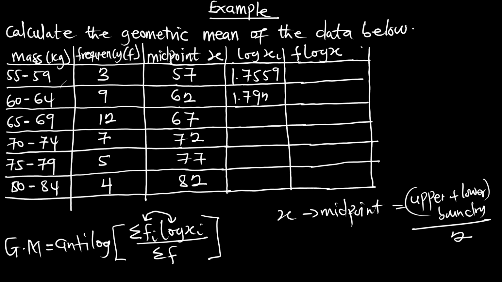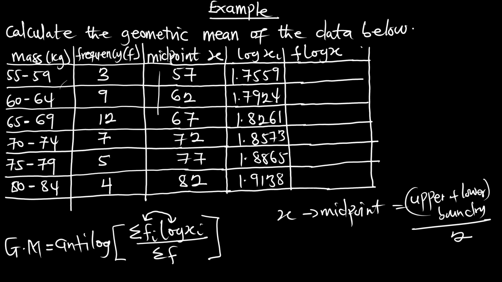This is giving us 1.8261, and 72 is also 1.8573. This is giving us 1.8865, 1.9138. So this is the log of the x values.